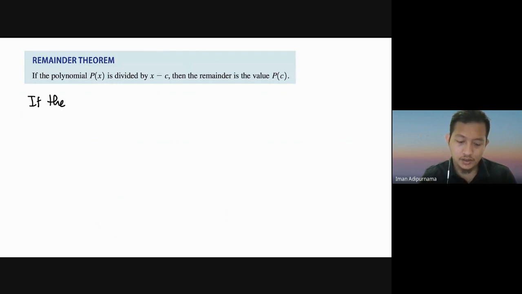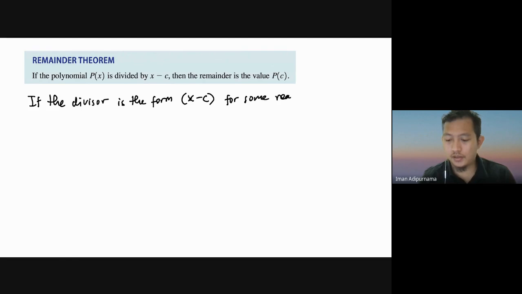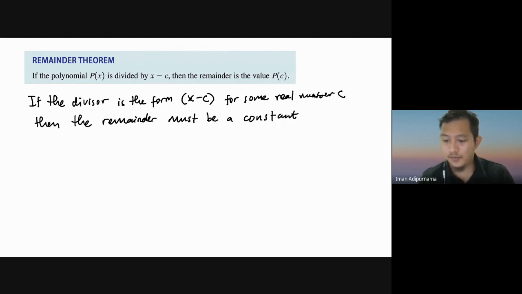If the divisor is of the form x minus c, for some real number c, then the remainder must be a constant, since the degree of the remainder is less than the divisor.